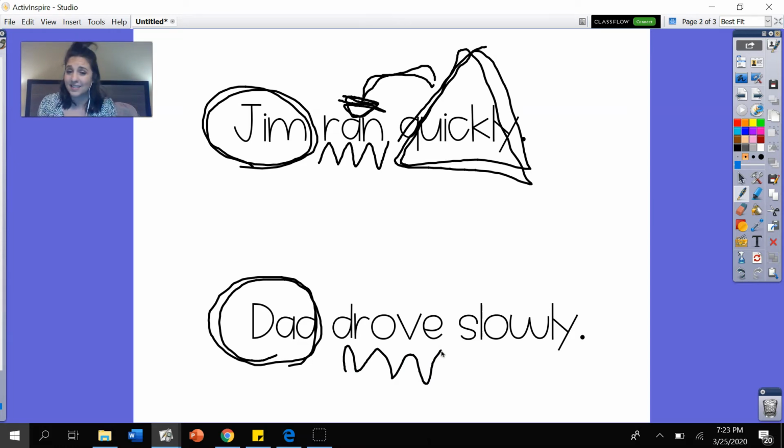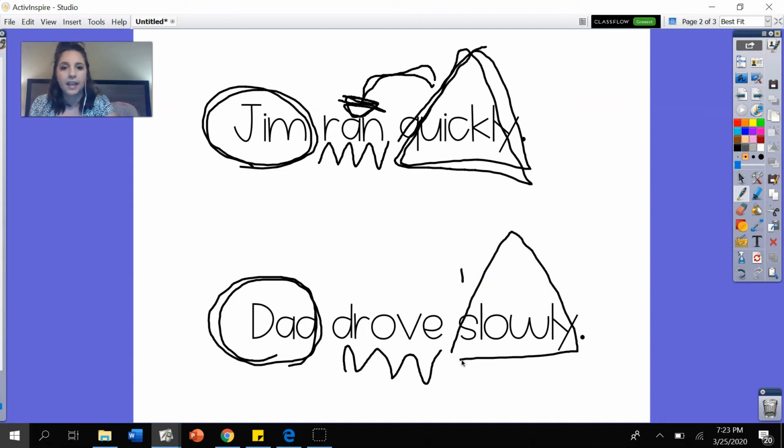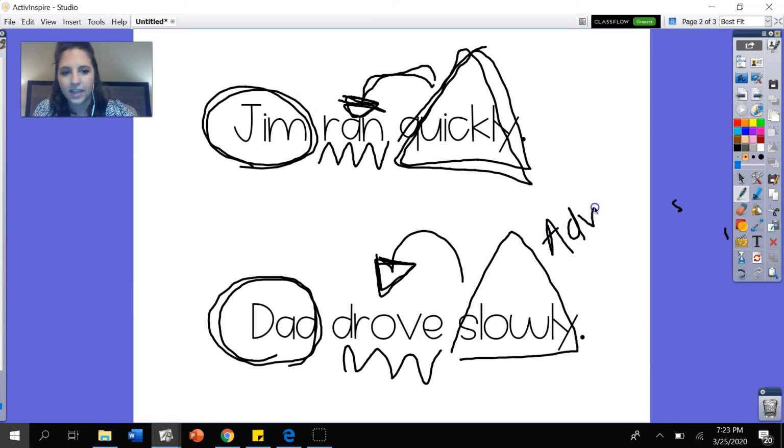Does this sentence tell me how Dad drives, or how Dad drove? It says that Dad drove slowly, right? So you have your adverb, right? Oh, I'm trying to write on here, you guys, and it's tricky. Adverb. Right? So Dad drove slowly.